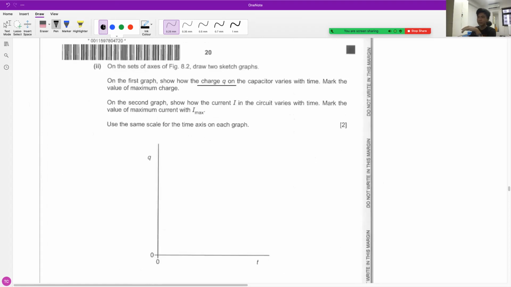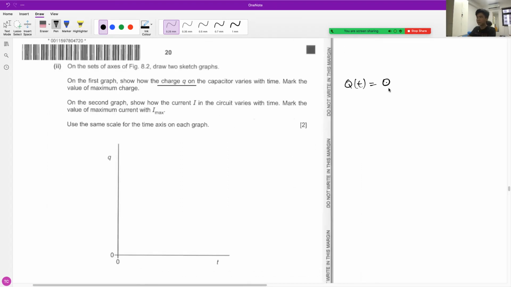But just know that in the end, your charge Q as a function of time is going to be equal to the maximum charge at the end, times 1 minus e to the power of minus t over RC. So if you plot this out, you see that Q as a function of time looks something like that, and it asymptotes.